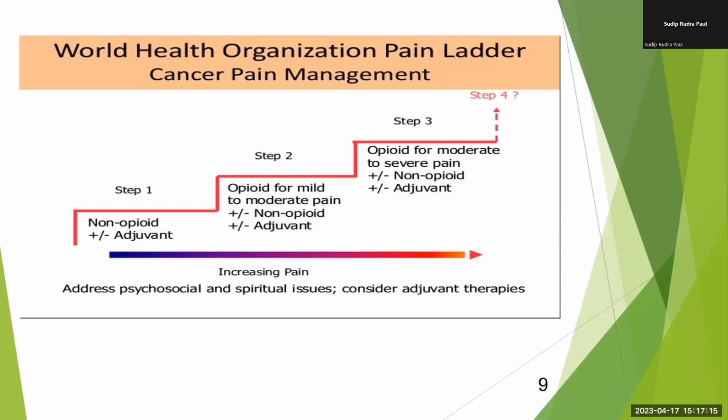See, there are non-opioids plus or minus adjuvants. In step 1, step 2, and step 3, everywhere plus or minus adjuvants are there. Adjuvants we will talk about later, but before that you have to know the non-opioids. So non-opioids, which are step 1, are paracetamol, ibuprofen, all kinds of NSAIDs, and antispasmodics. Yes.